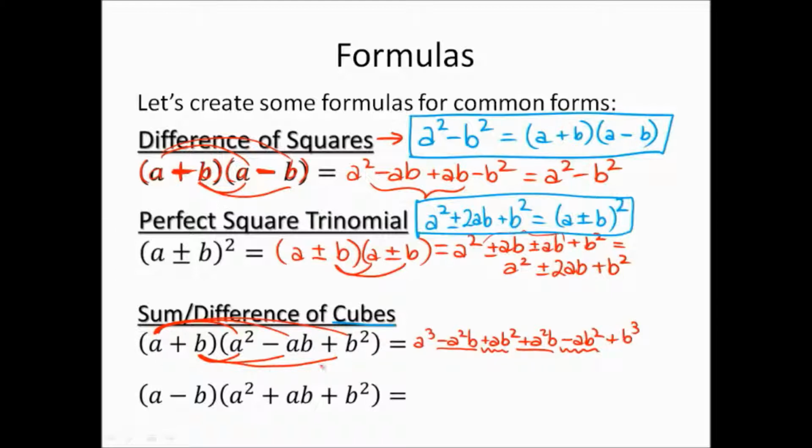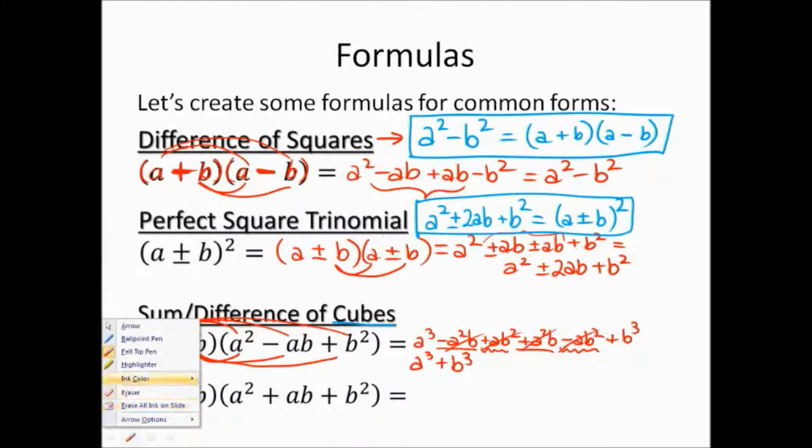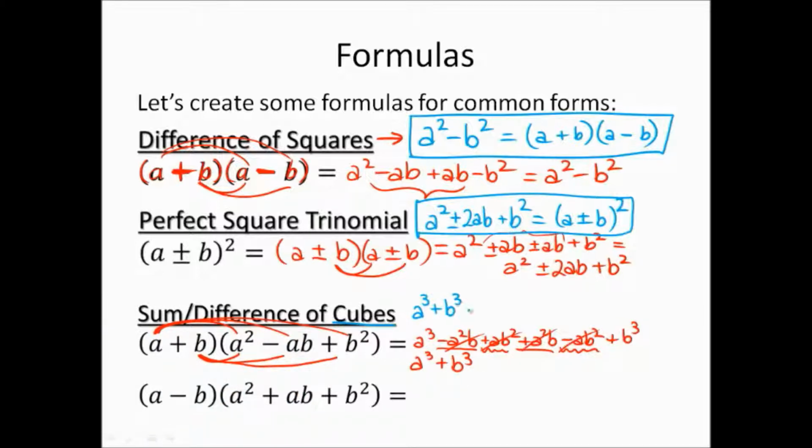So this here has been tailored so that all the middle terms cancel out, leaving us with a sum of cubes. Therefore, we can use the following. If you see something of the format a cubed plus b cubed, that gives you the following expansion.